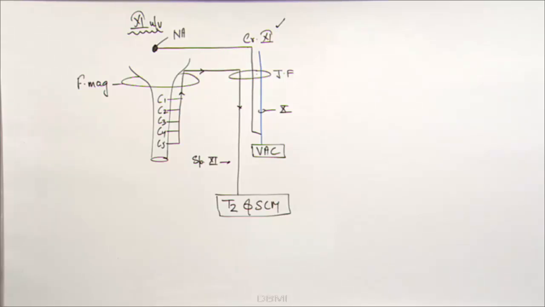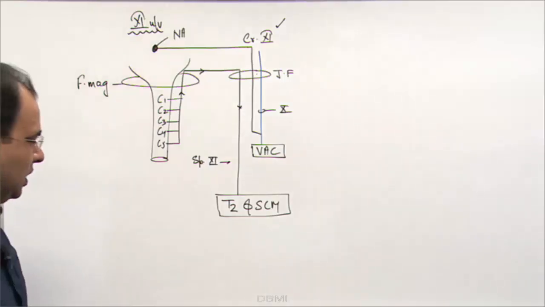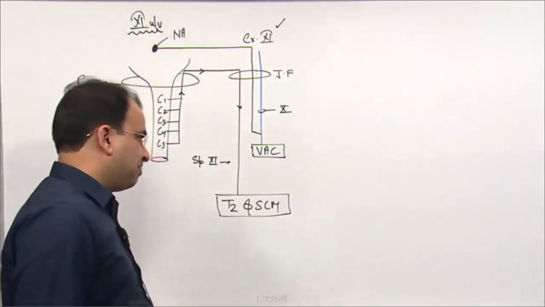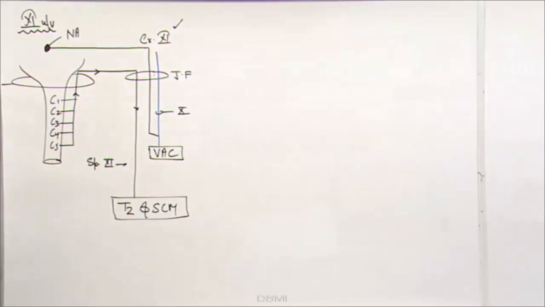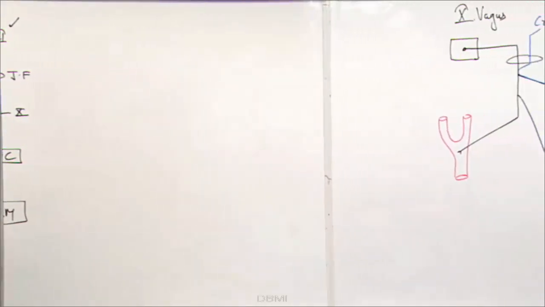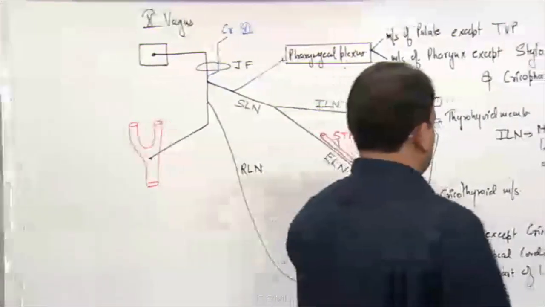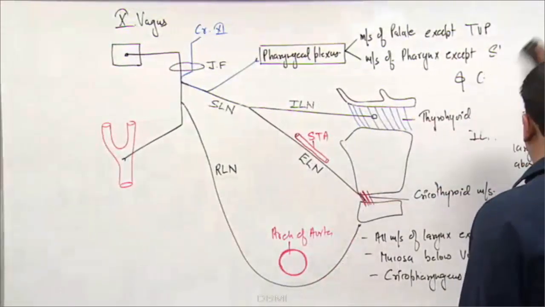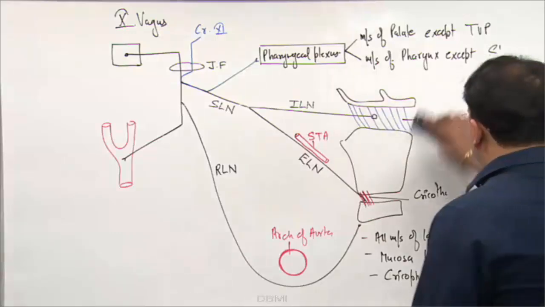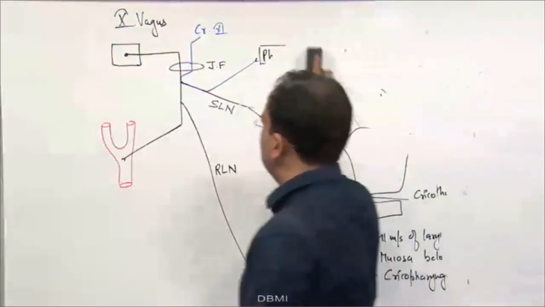And lastly about hypoglossal nerve. So let's also talk about the hypoglossal nerve. The hypoglossal nerve, which is a motor nerve present in the GSE column, general somatic efferent, supplying the muscles of tongue.